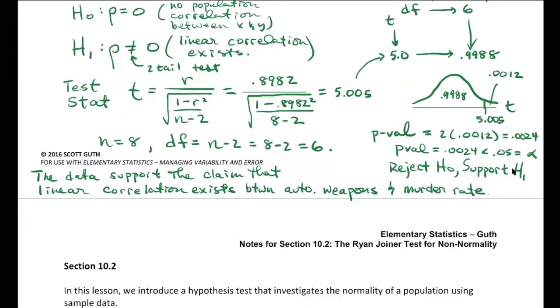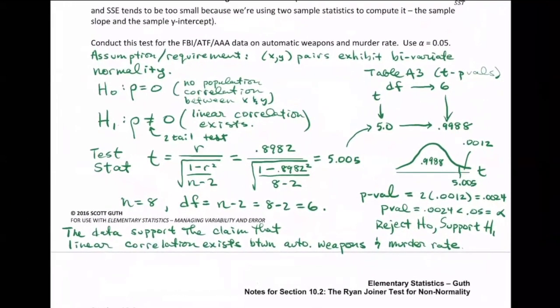There is a correlation. Strong? Yeah, I mean, we said it was strong on the previous page because R was bigger than 0.8. Okay, and not only is it strong in the sample, but it's strong enough in the sample to say that there's a correlation in the population of all cities.